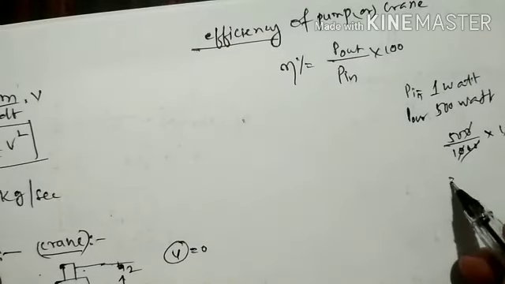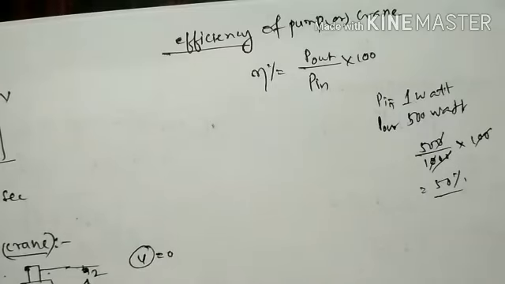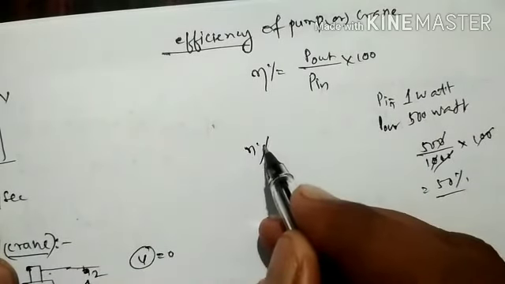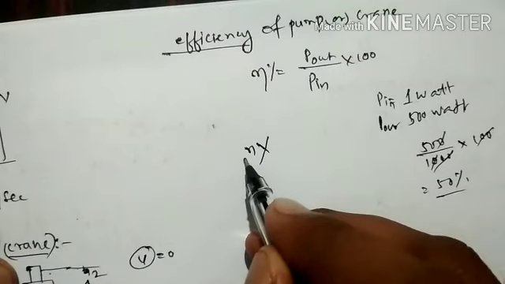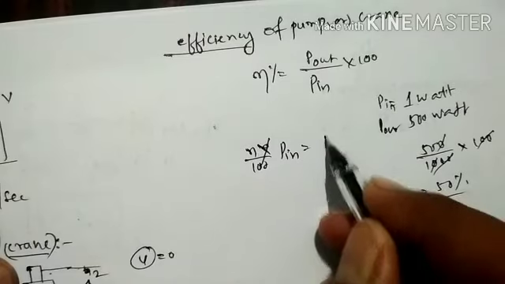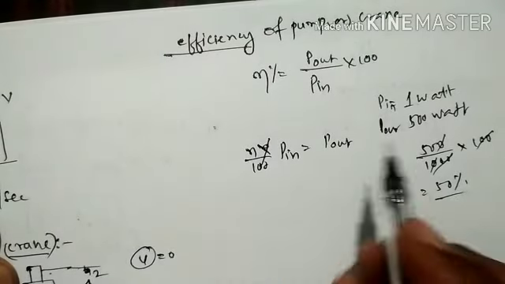So it is only 50%. So like this you will get it. 50% efficiency means percent is by 100, so percent by 100 into power input is equal to power output. So this is how we can calculate it.